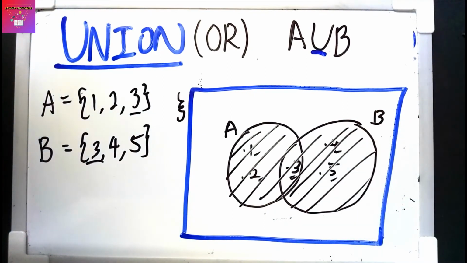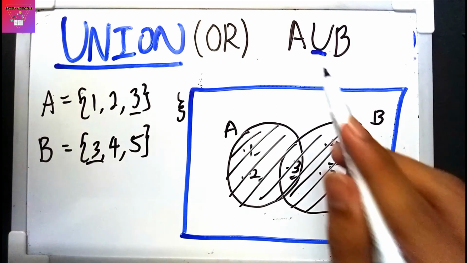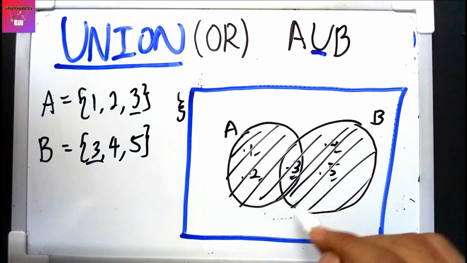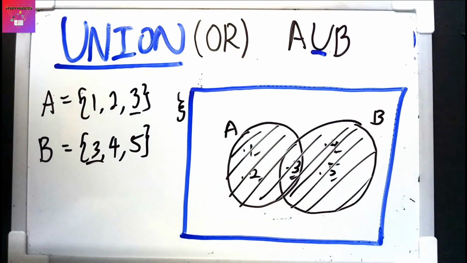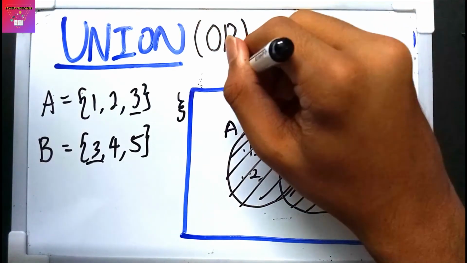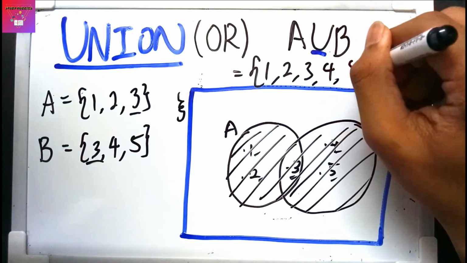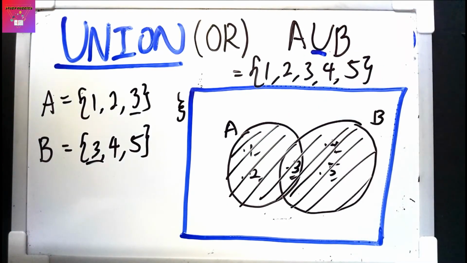Why all elements are included is because you have the possibility of choosing an element from A and also choosing an element from B, because the question is asking you for elements from A or from B. So either one, you can choose either one of them. Therefore A union B is 1, 2, 3, 4, and 5. I hope you are clear with this.